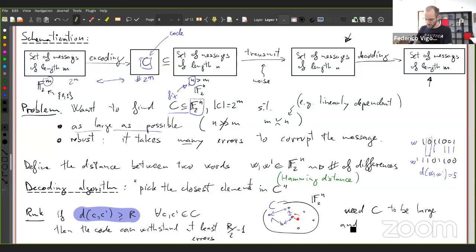So we want it to be sparse in F to the N. All good so far? Yes, good comment. Yes.